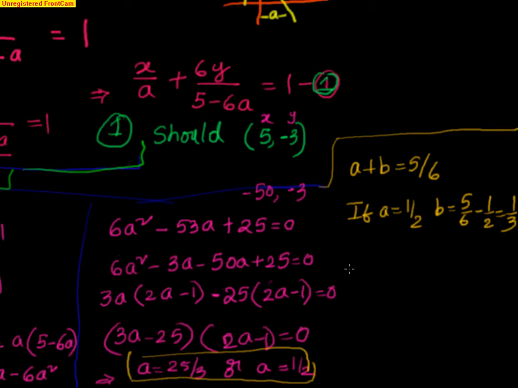You can check that. Similarly, if A is equal to 25 by 3, B is equal to 5 by 6 minus 25 by 3. That is nothing but equal to, you can just do this, 5 by 6 minus 25 by 3.